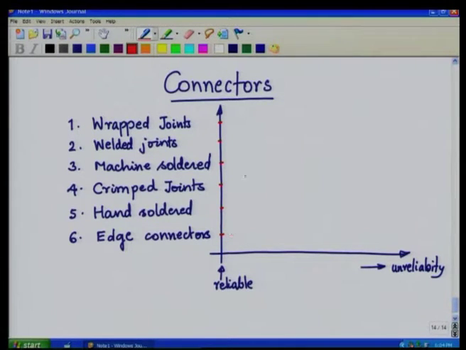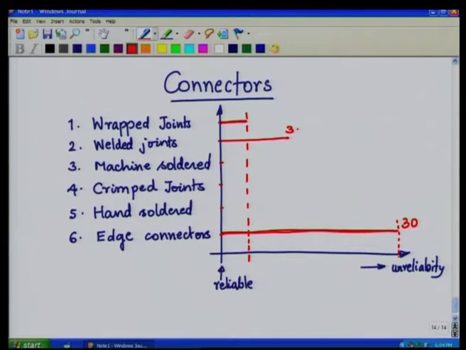The wrapped joint is the one which is supposed to be most reliable, and if you say that is the reference, and let us say you give a value 1, very reliable, then the edge connectors are the ones which are least reliable from the reliability point of view, and this we give a value 30. The welded joints is normally given a value 3.